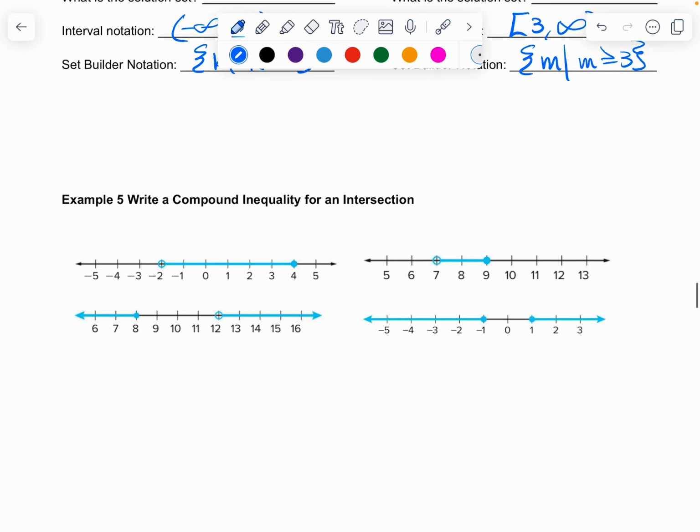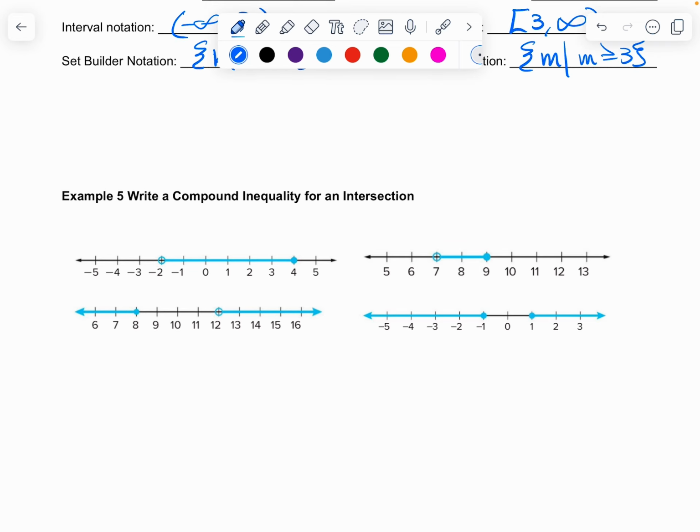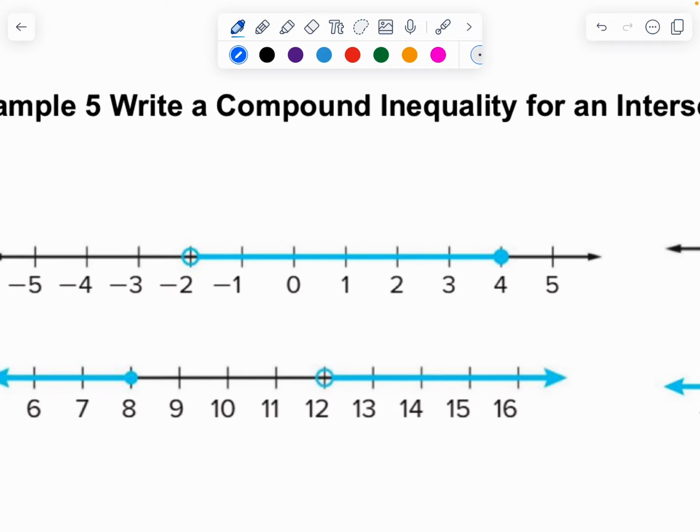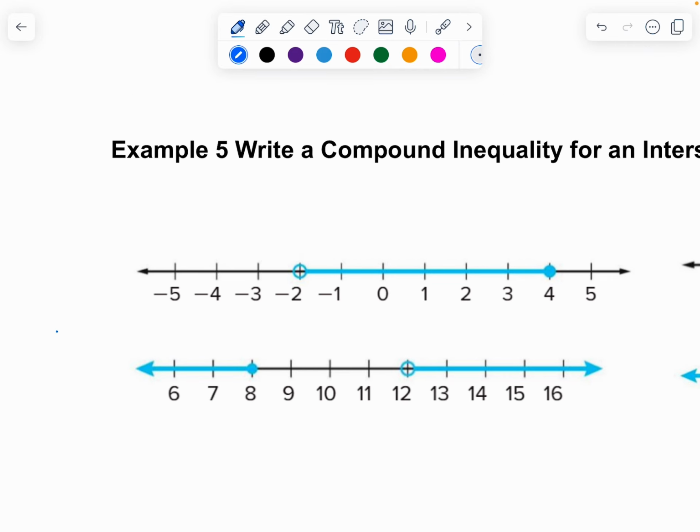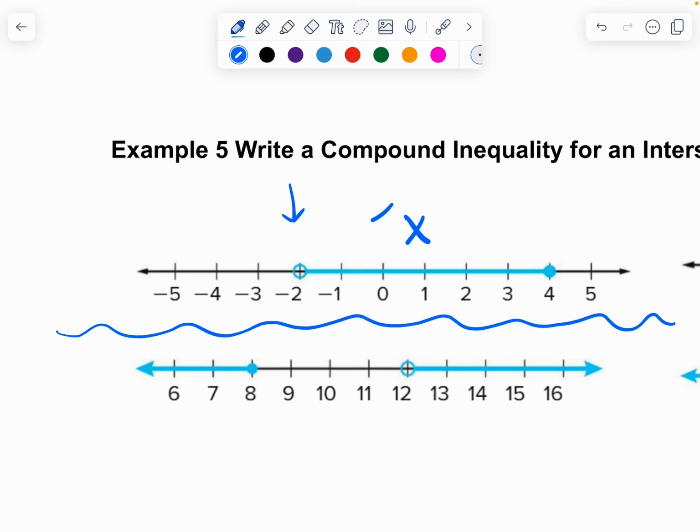Okay, so if I'm going to look at this one, I didn't give myself a lot of space. These are 4 different ones, guys. So if I look up here, my x's are going to be in between. This side over here has an open dot, so that means it's going to be this. Over here it has a closed dot, so it's going to be this.